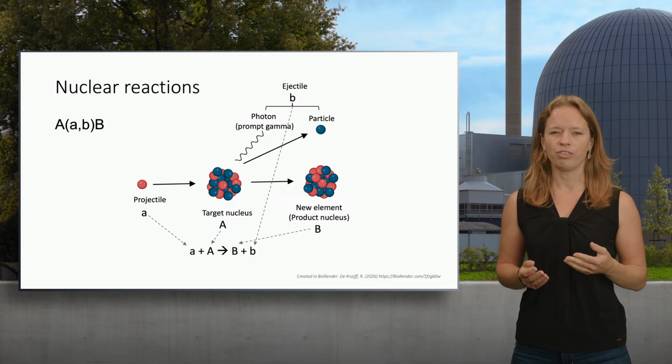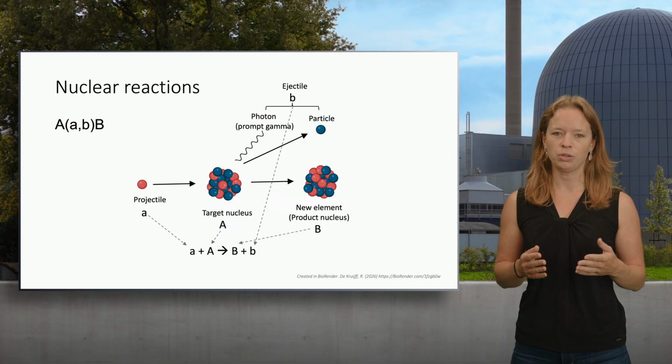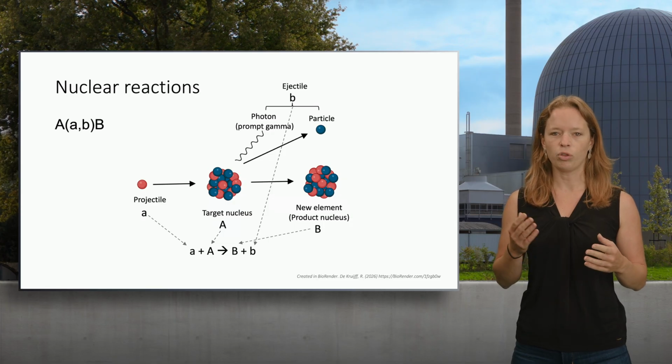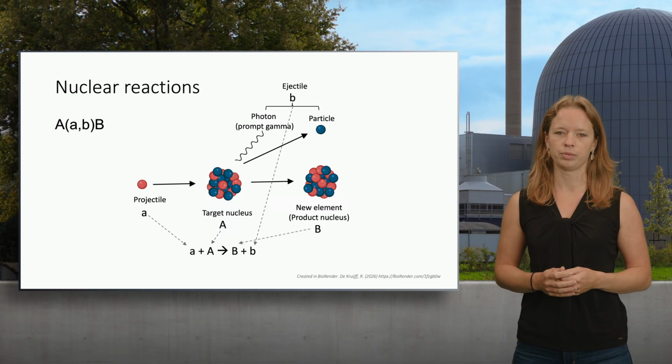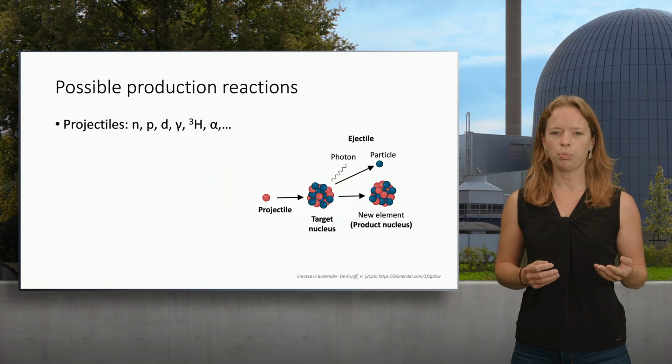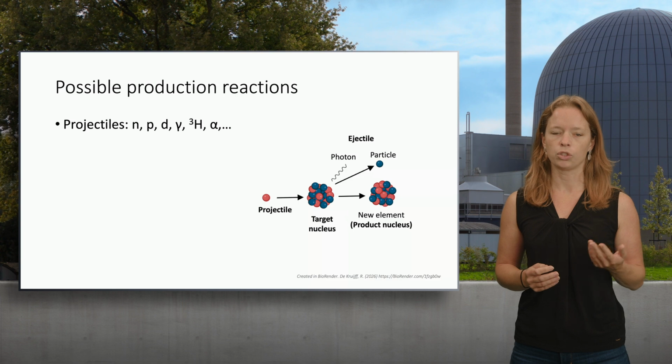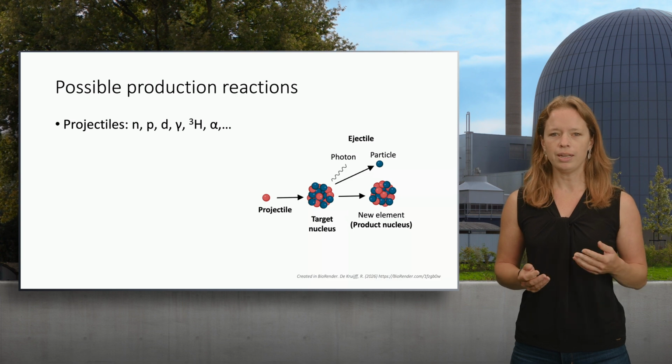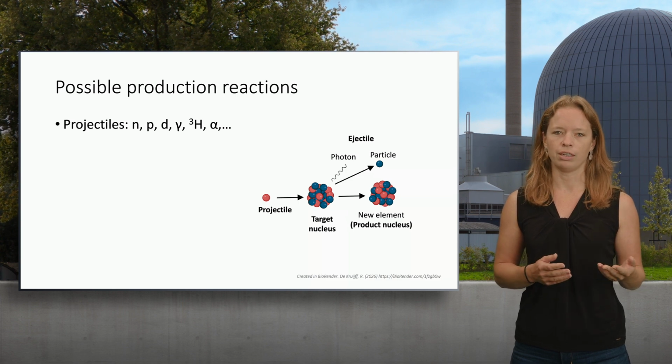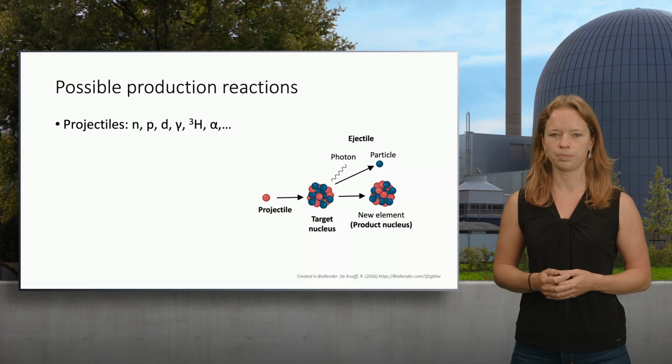In short, we write this production equation as A, incoming projectile and outgoing ejectile in brackets, and the product nuclide on the right-hand side. There are different projectiles possible, such as neutrons, protons, gamma photons, or alpha particles, depending on whether you are irradiating your target in a nuclear reactor or a cyclotron.